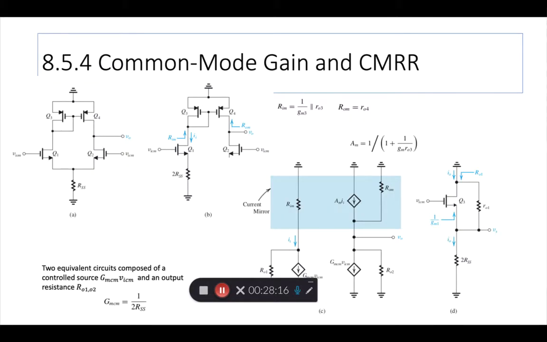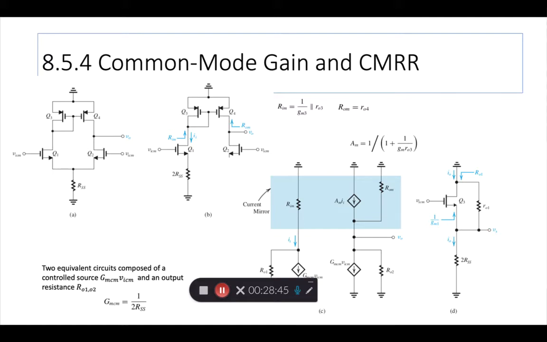The next thing he wants us to do in 8.5.4 is to similarly derive common mode gain and then CMRR. Now you know common mode gain is the gain of signals that are on both the inputs or both Q1 and Q2.